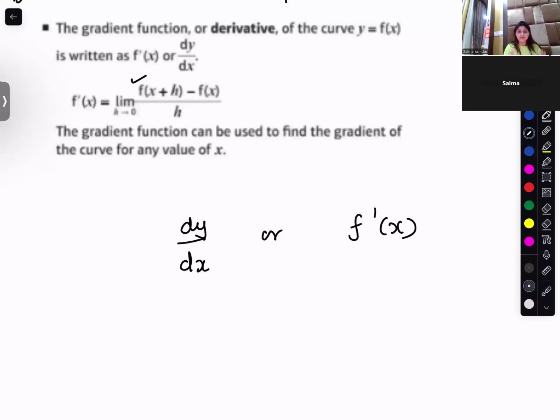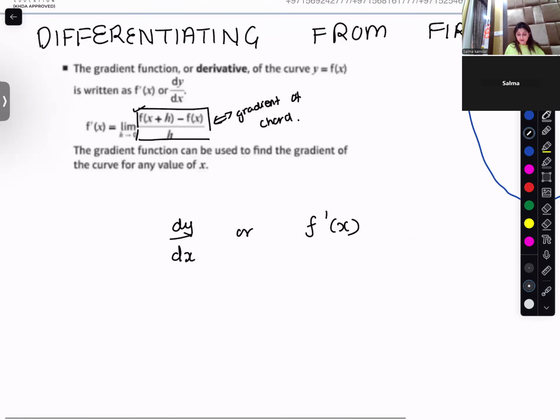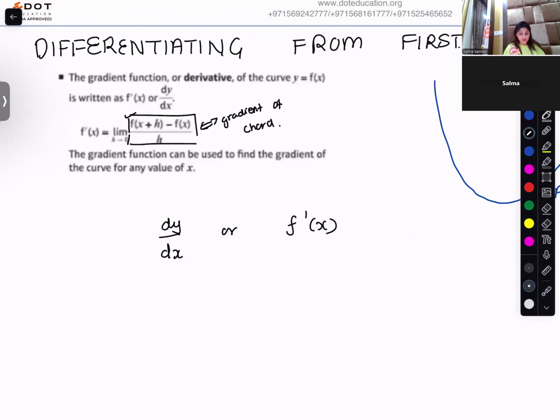If you watched the previous videos, you know this is nothing but the gradient of the chord. So the gradient of your curve is that as the point on the chord approaches zero, it will be equal to the gradient of the curve.